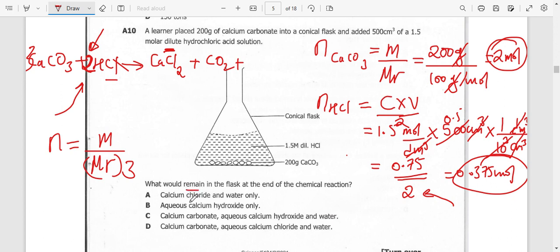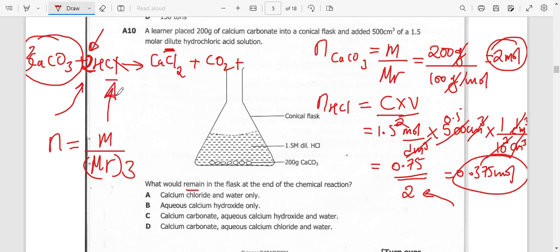Okay, so from the options: calcium chloride and water only, aqueous calcium hydroxide only, calcium carbonate and calcium hydroxide, calcium carbonate, aqueous calcium hydroxide and water, calcium carbonate, aqueous calcium chloride and water. So what is going to happen is this calcium carbonate you are seeing here is going to remain.